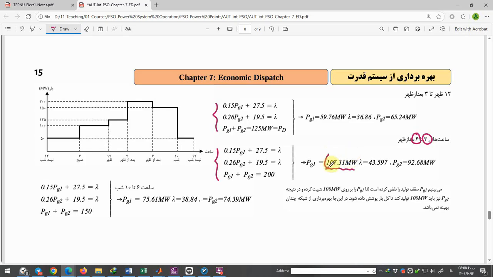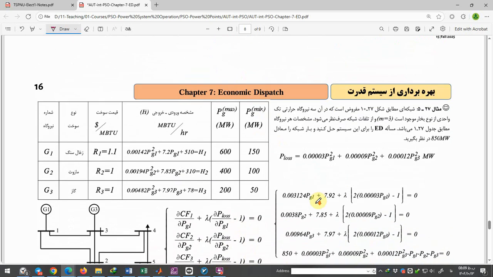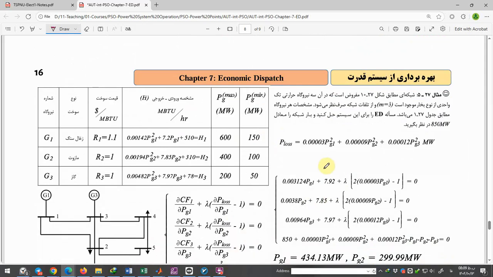This exceeds the maximum limitation, so we set PG1 to 100 megawatts, and so PG2 has to be 100 megawatt. Please consider each limitation.